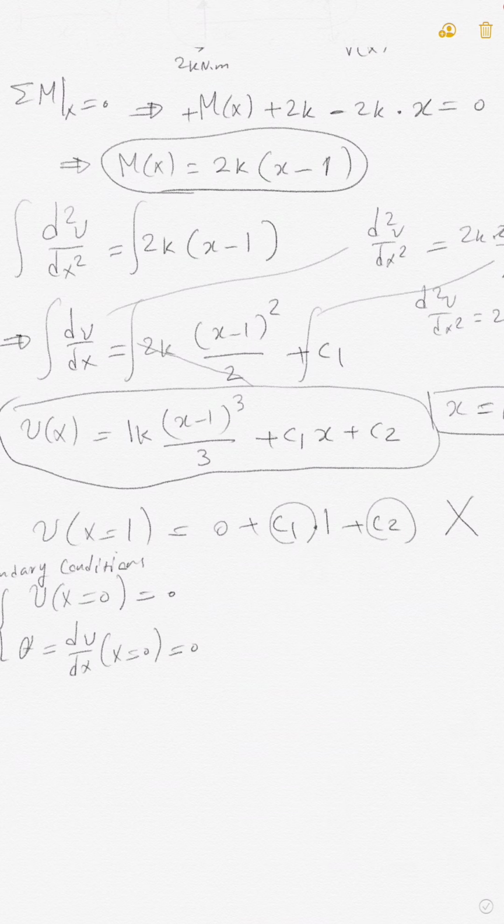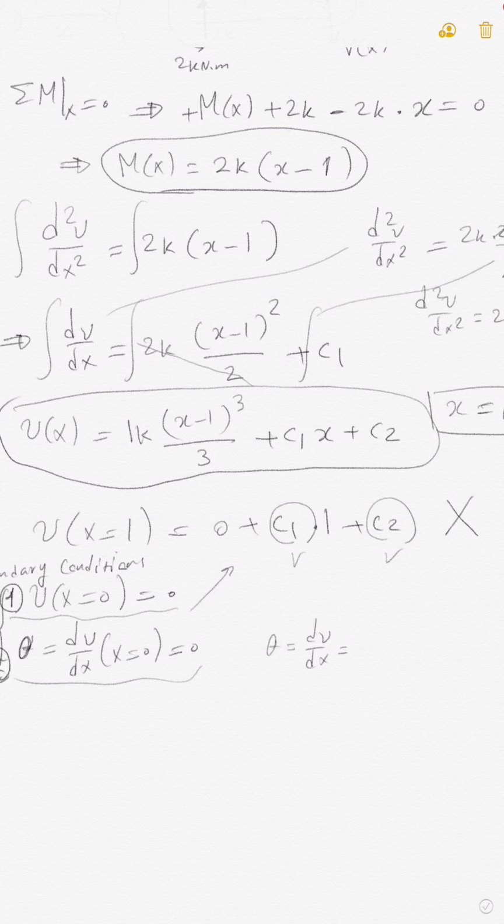Now, let's apply them to this equation to get the two unknowns, C1 and C2. Look, I have two conditions and two unknowns, right? 1, 2. Then I can simply get my two unknowns. So let's call these boundary condition 1 and 2. If I apply the second condition, I get theta, which is dv/dx.